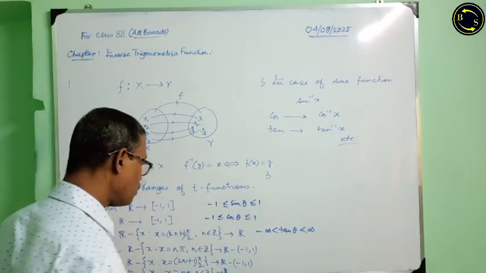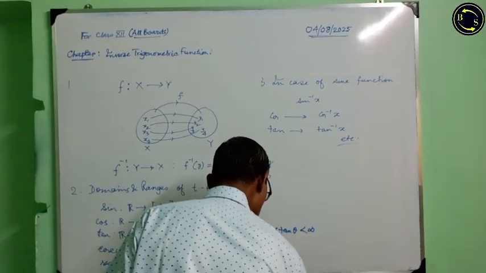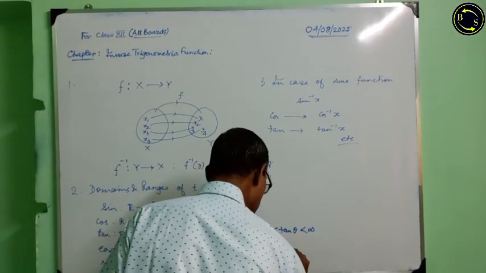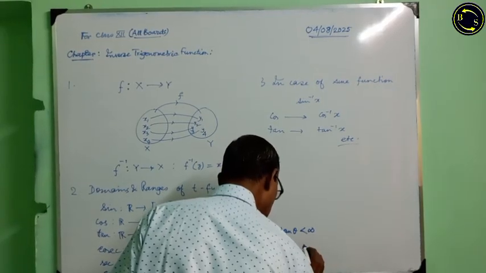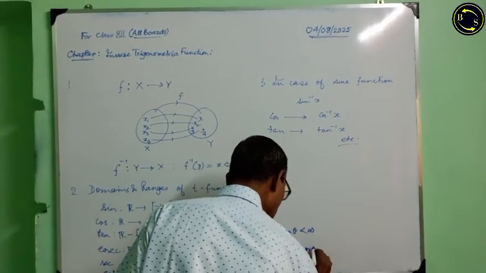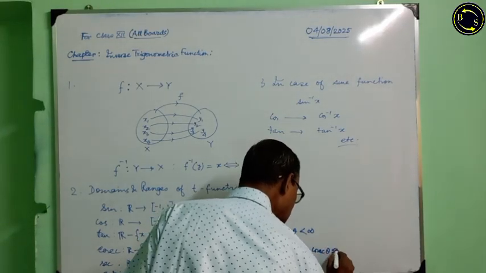And for cosec theta, greater than equal to 1, or cosec theta less than equal to -1.